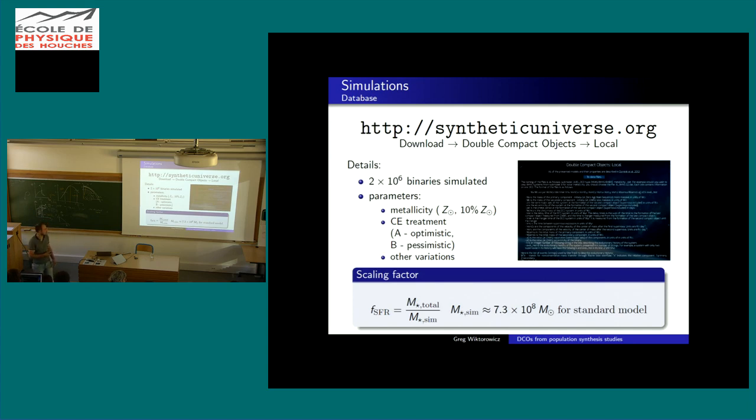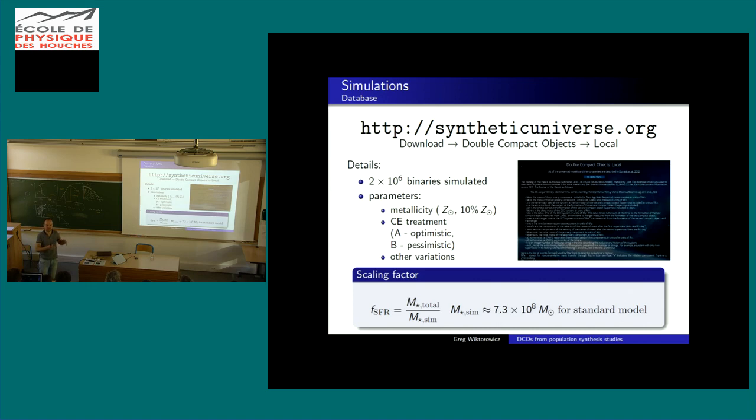It's necessary when we want to translate these 2 millions of binaries, which is a very low number in comparison to our galaxy, to a real stellar population. What we name a scaling factor is just the total stellar mass of a system we want to compare to.